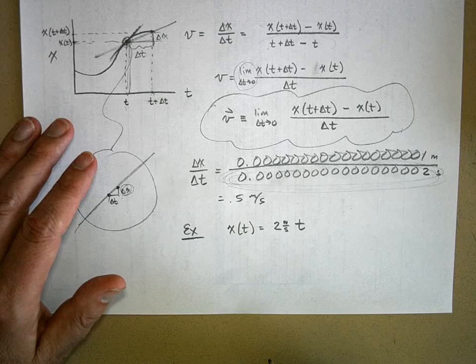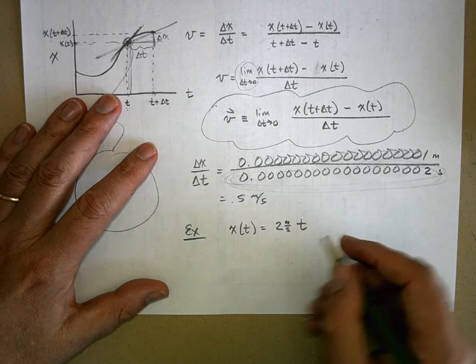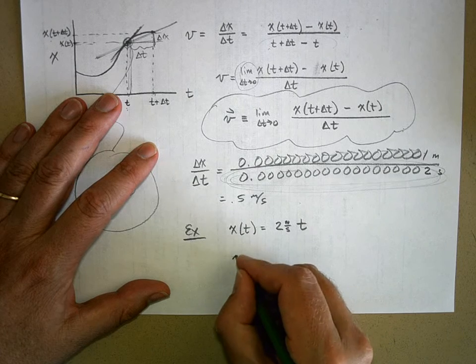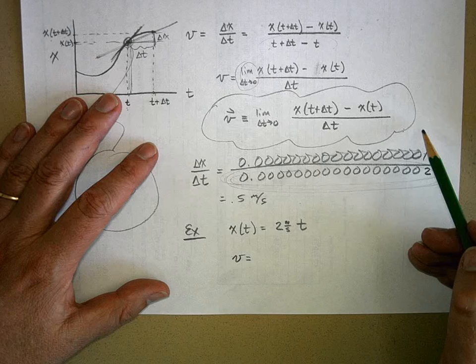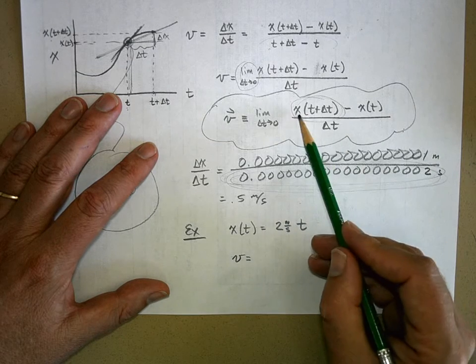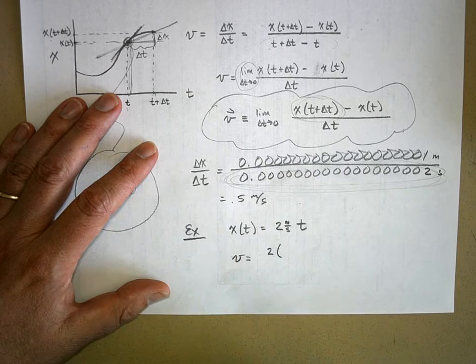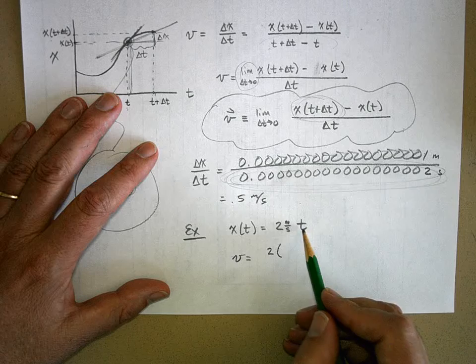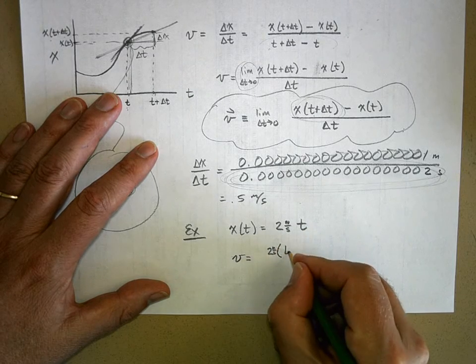So the velocity is going to be equal to, well, just do it. Wherever you see this, put the function x at t plus delta t. So it's going to be 2 meters per second times t plus delta t. Don't freak out.